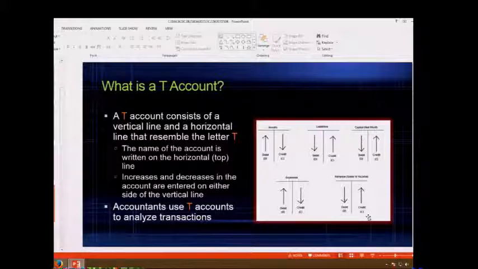Okay? And page 69, if you get confused over what an account does, that's the picture to go look at, because it shows you every type of account we're going to be working on. Okay? I don't care if you have 37 assets, they're all going to look the same on the T accounts. Okay? If you notice in your packet, I tried to group the different types of accounts together when I made the T accounts myself.